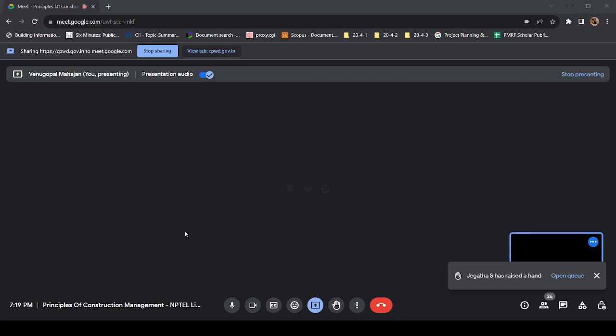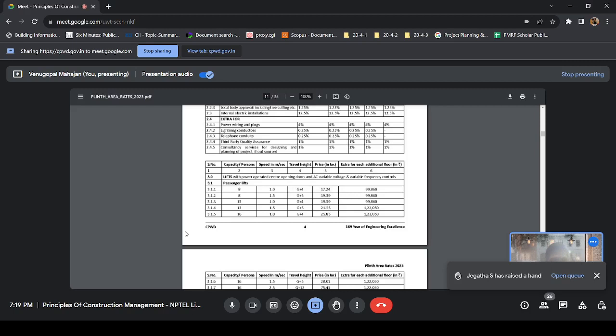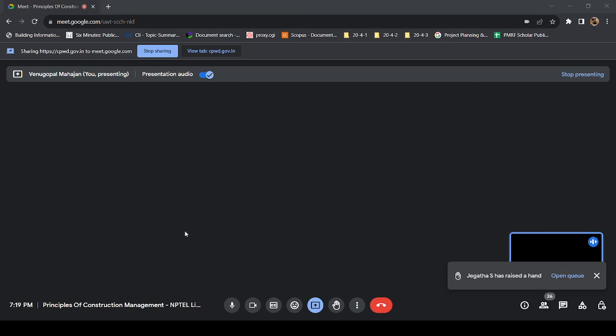Then 3.0 is your lift. You guys can follow this, right? The cost of lift. Then you are providing some tanks, then the development of the site. What it gives you is the reference values. All you have to do is multiply.